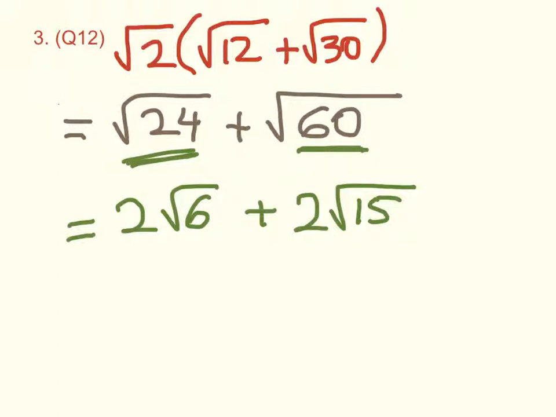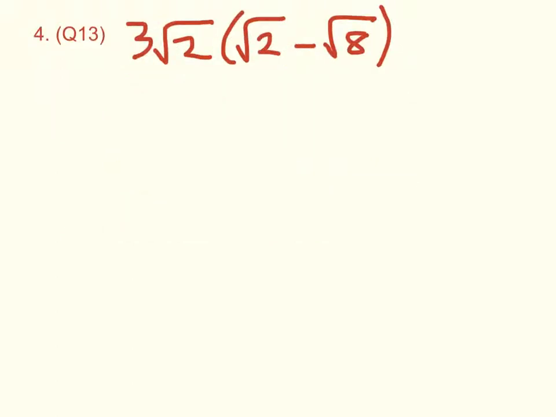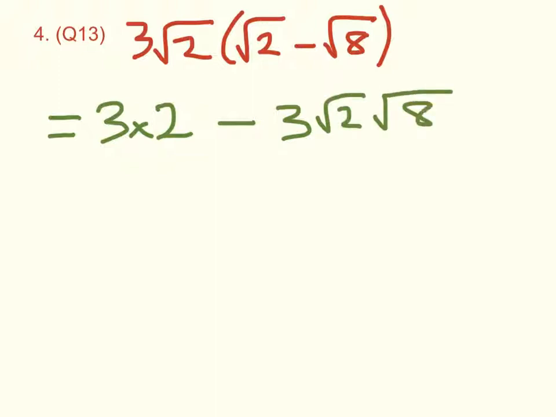That's delta question 12. Last one. Okay, so 3 root 2 times root 2 minus root 8. Again, we expand the brackets and we get 3 times 2 minus 3 root 2 root 8. No need to write that line out if you're confident.